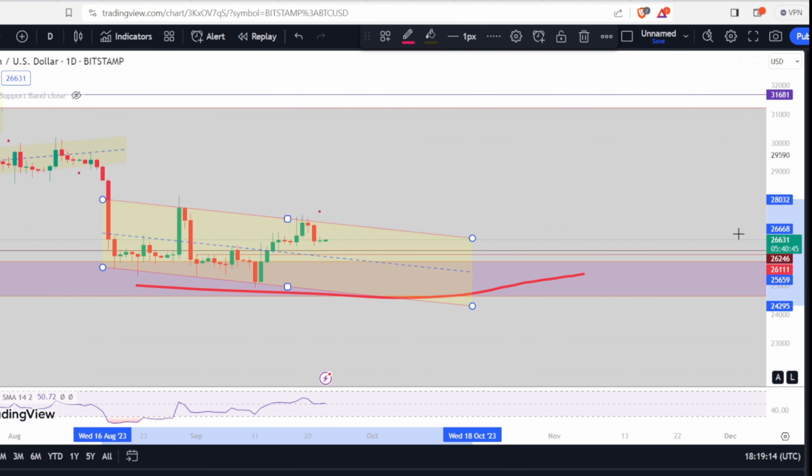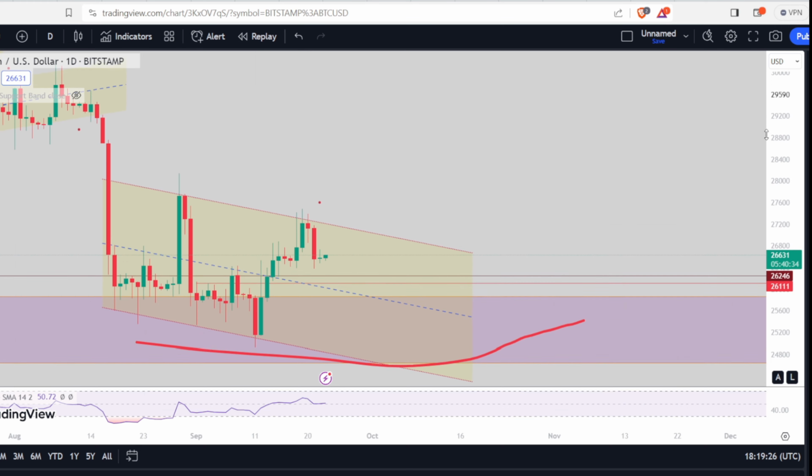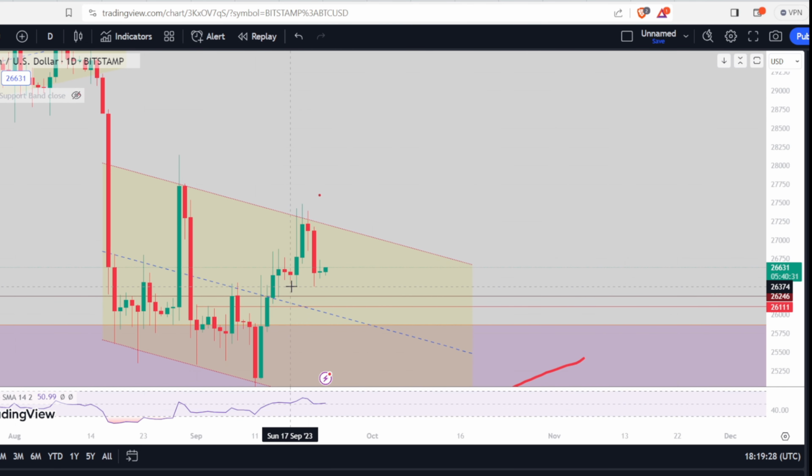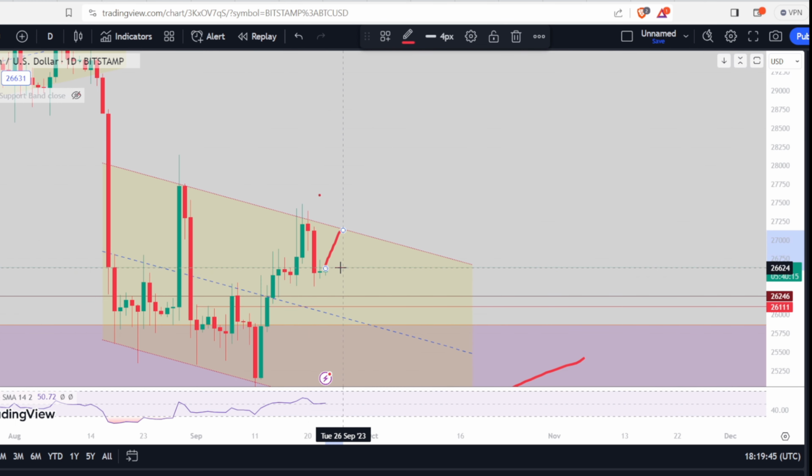So for me, if the bulls can hold this area right here of 26k, and make sure that the bulls hold this interesting pivot local low of 26.3, if they can hold above it, there is a good opportunity to make this trade from here, 26.5, 26.6, all the way to retest the channel at 27k again.